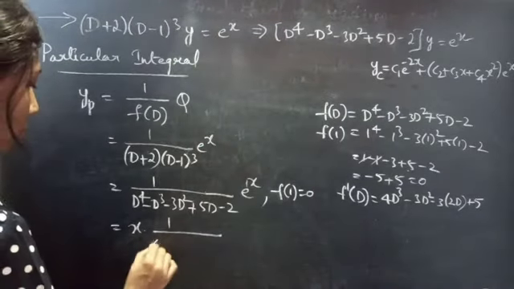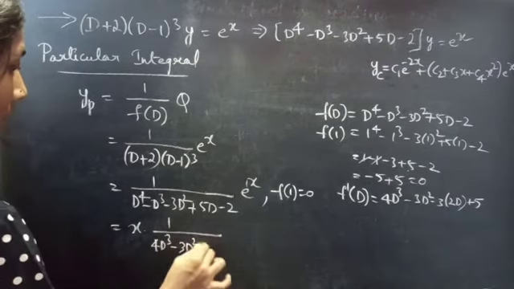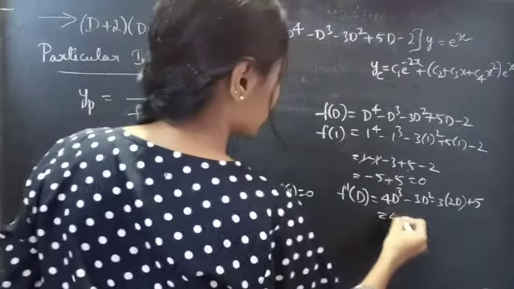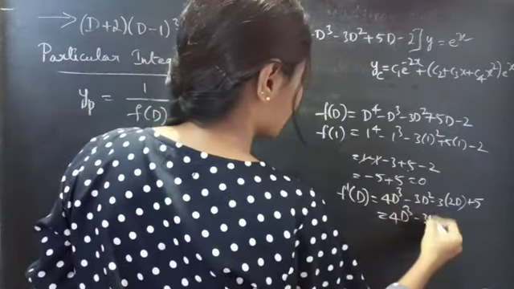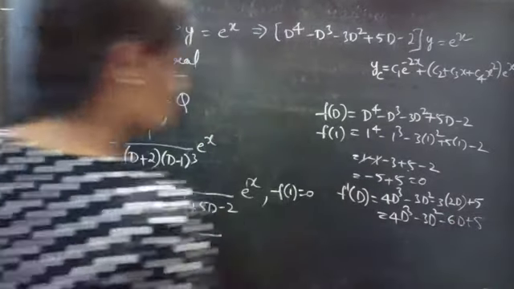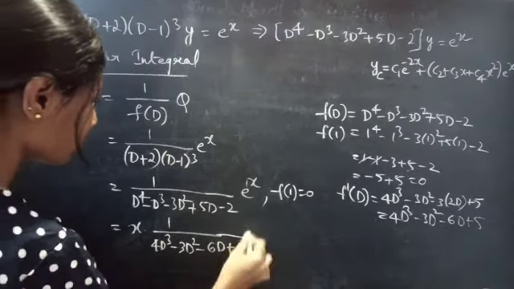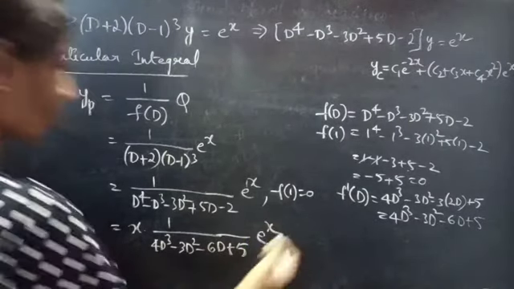So you'll get 4d cube minus 3d square minus 3 2s are 6d plus 5 into e power x.